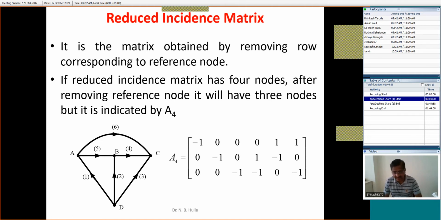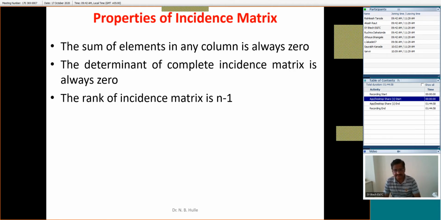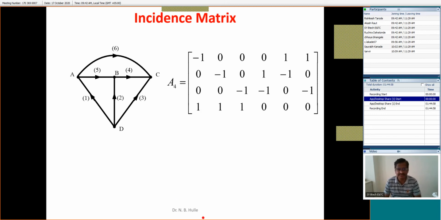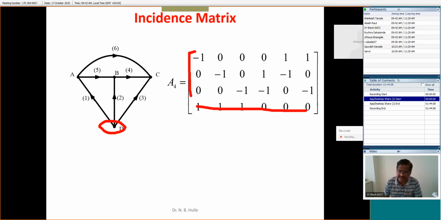Now look at it. In this case, this is the figure. This is the row related to the D node. If I have taken this D as a reference, and I put only these elements in the matrix, then this matrix is known as a reduced incidence matrix. Is it right? In this case, always this is A4.